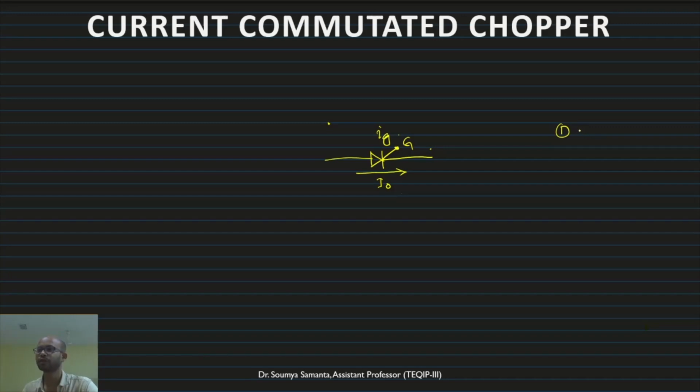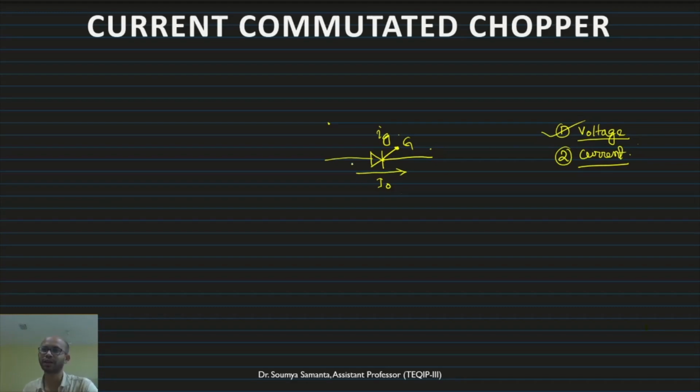We have discussed that there are two types of force commutation technique. One is voltage commutation and number two is current commutation. In the previous class I discussed the voltage commutation.